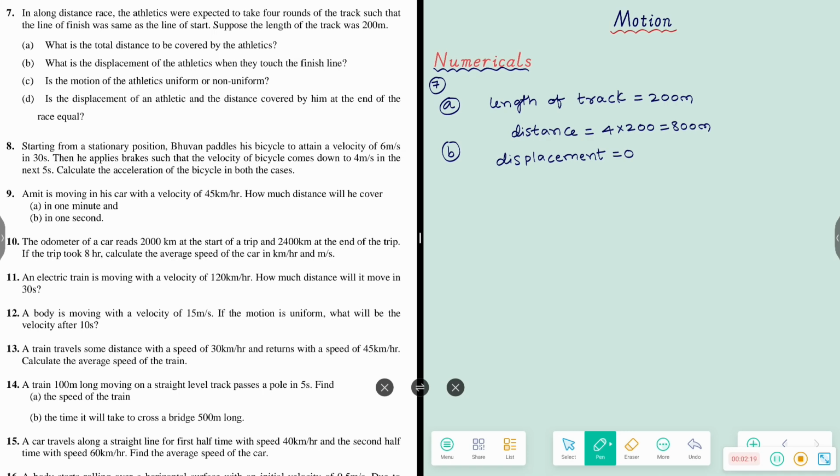Is the motion of the athletes uniform or non-uniform? Question number C. It depends on the speed or velocity maintained by the athletes. So if athletes maintain constant speed, then motion will be uniform.